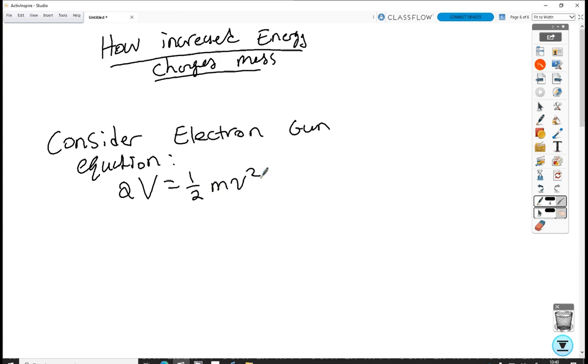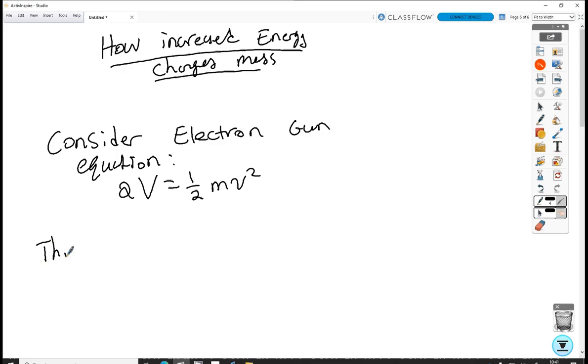If the mass of an object did not increase with velocity, then some values of potential difference could give us values of velocity greater than the speed of light. If we made V very, very large, then we could get a value of small v, the velocity, that's greater than the speed of light. But we know that things cannot move at or faster than the speed of light.